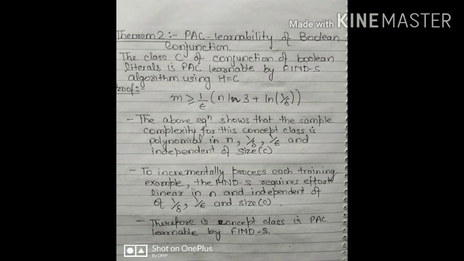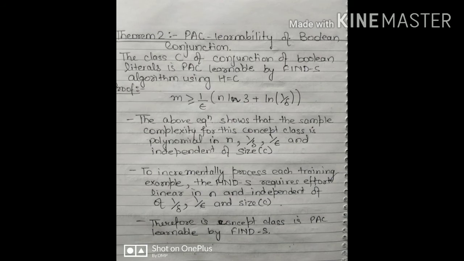Here we derived the equation m is greater than or equal to 1 by epsilon times n log 3 plus log 1 by delta. This equation shows that the sample complexity for this concept class is polynomial in n, 1 by delta, 1 by epsilon, and independent of size of C. And if we see Find-S algorithm, it incrementally processes each training example. So Find-S requires effort linear in n and independent of 1 by delta, 1 by epsilon, and size of C.